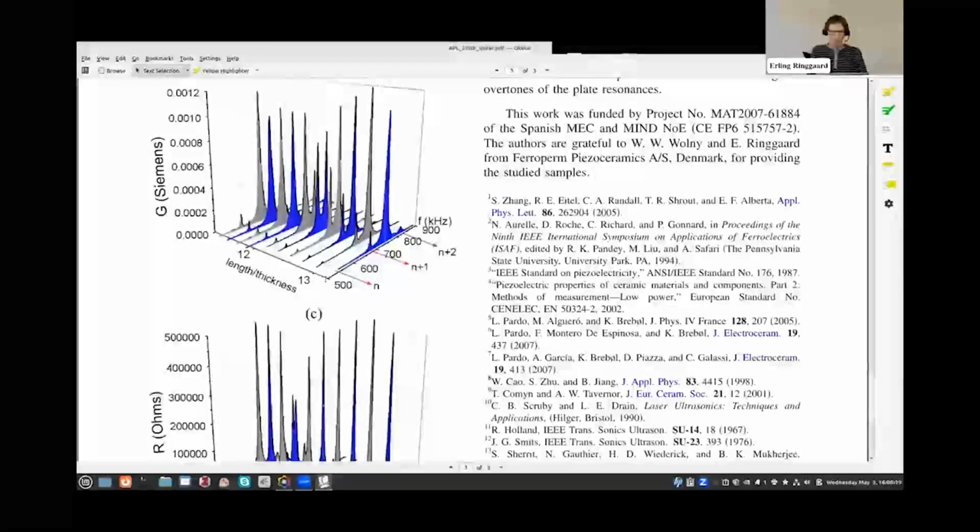Okay. And this means that the longer plate you have, probably the closer these will be, because there's a big difference between having 10 and 11, 12 half wavelengths and having 101, 102, 103.